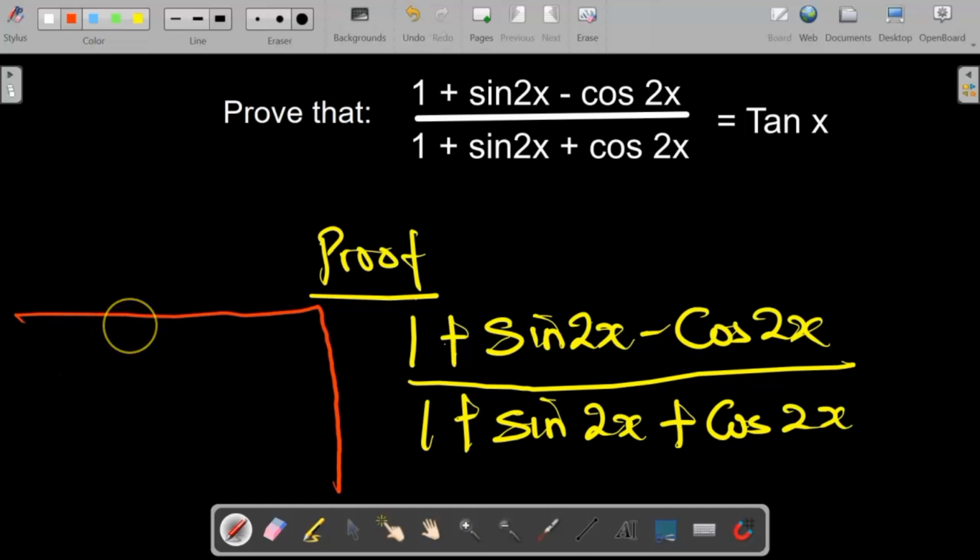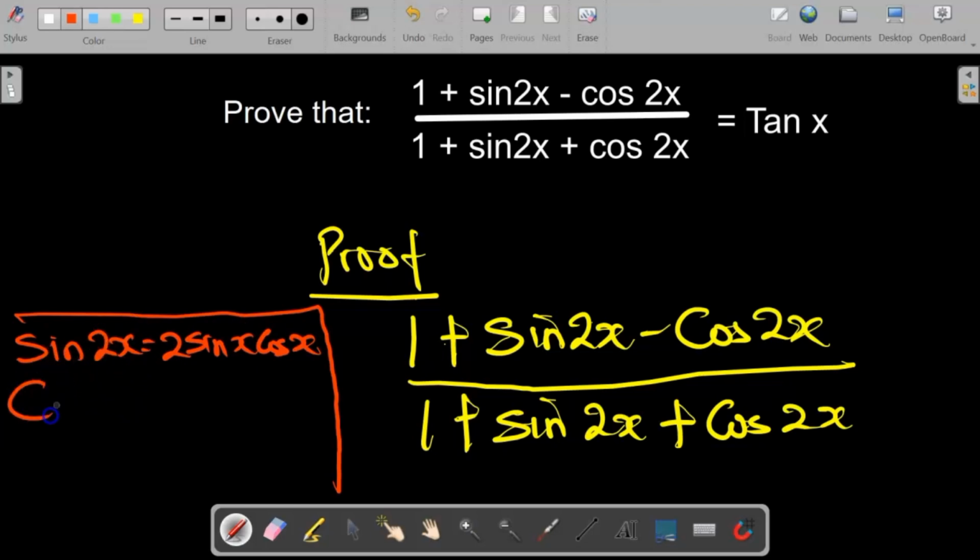From the double angle identity, we know that sine 2x is equal to 2 sine x cos x.